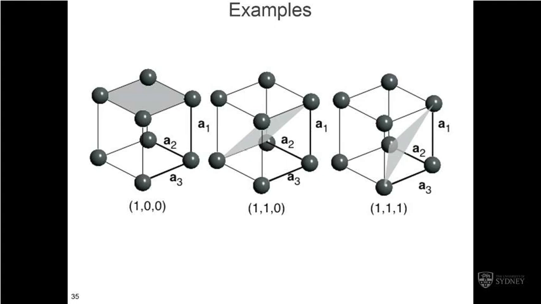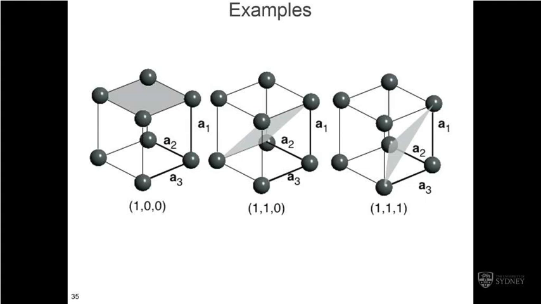This is a classic 1, 1, 1 here, and that will make a hexagonal structure. If you would take this plane and extend it in 2 dimensions, then you would end up with a hexagonal plane of atoms.